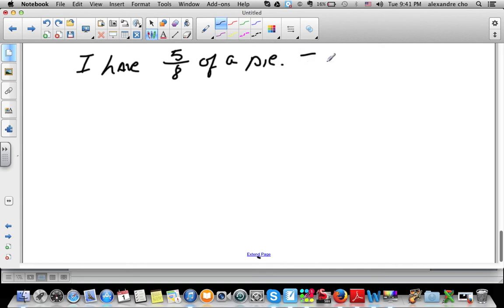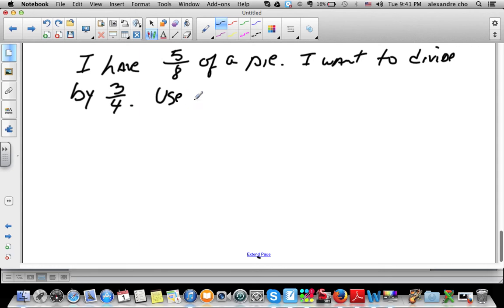I want to divide it by 3/4. Use a model. So 5/8 divided by 3/4.